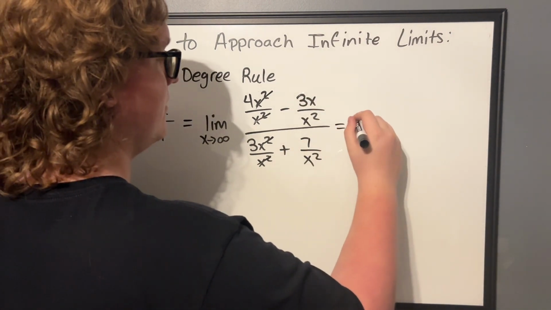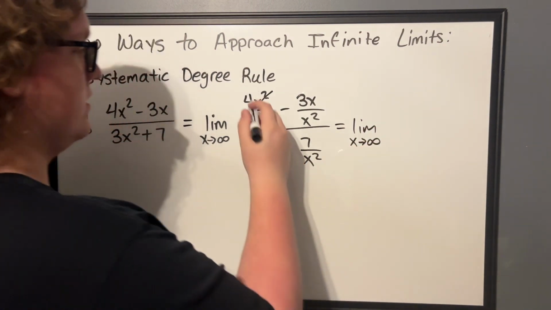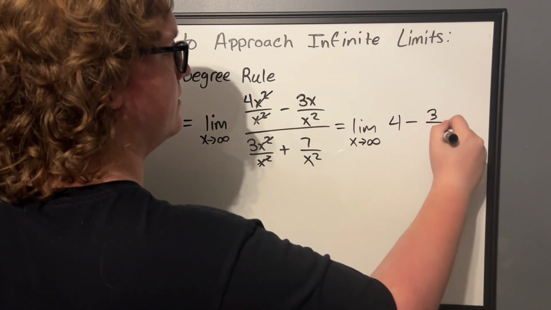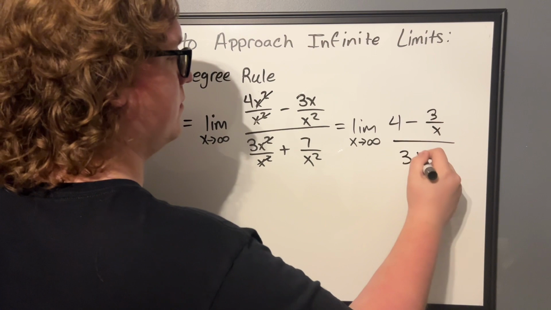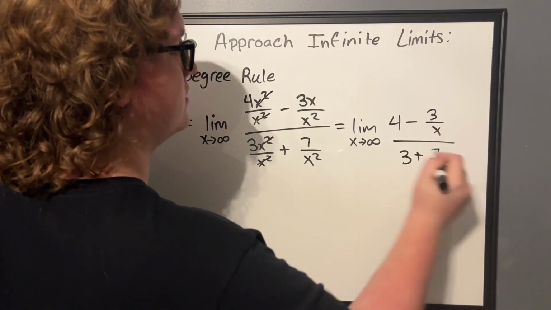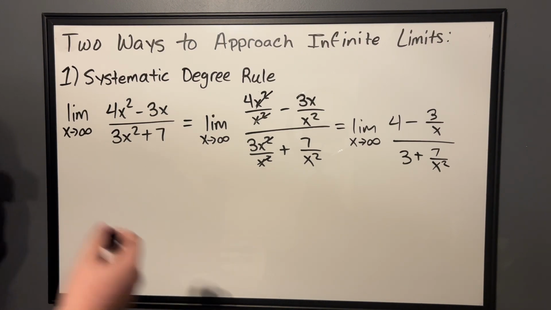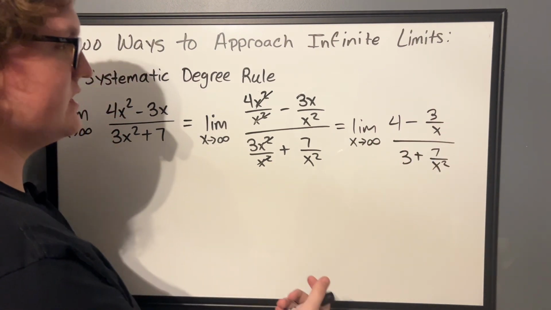So when we rewrite this limit, we're going to have the limit as x goes to infinity of 4 minus 3 over x, over 3 plus 7 over x squared. Okay, so the same kind of idea here. Now remember, just like we talked about last time, we can take this limit now because we just have these fractions and coefficients.